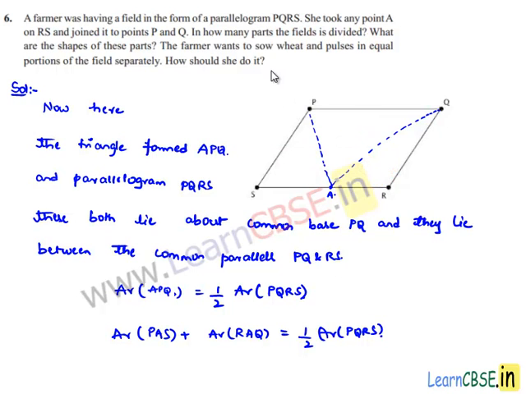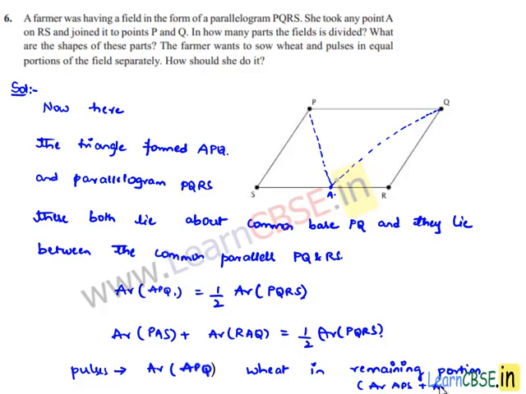She wants to sow wheat and pulses in equal portions of the field separately. How should she do it? So let us divide the parts. If pulses are grown in the area of triangle APQ, then wheat can be sown in the remaining portion, that is in the area of APS and area of AQR.